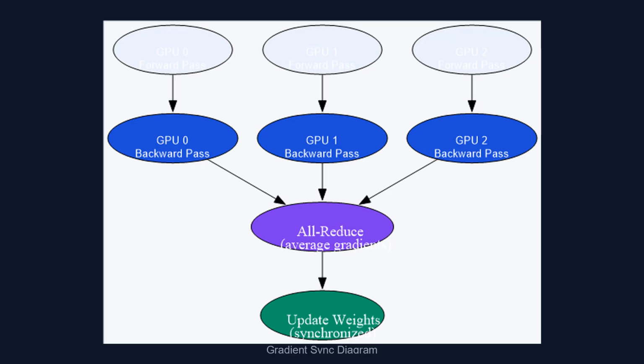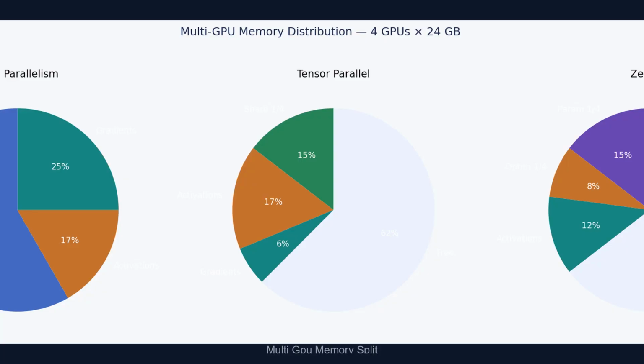On Linux with NCCL, it uses direct GPU to GPU transfers over NVLink or PCIe. On Windows with Gloo, it routes through CPU memory, which is why the speedup is slightly lower than the theoretical maximum. This memory breakdown across 3 parallelism strategies reveals why each one exists.